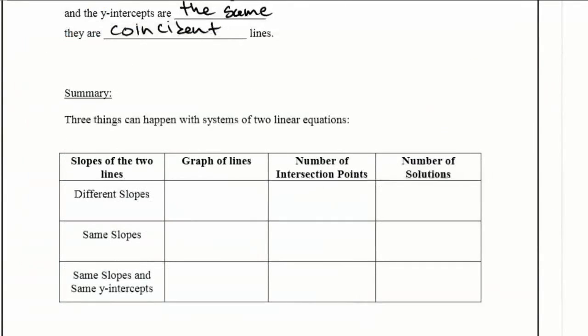So if we drew a little graph for each of these, if I have a line here, and then I have another line down here, I have one solution. So I end up with one intersection and one solution.